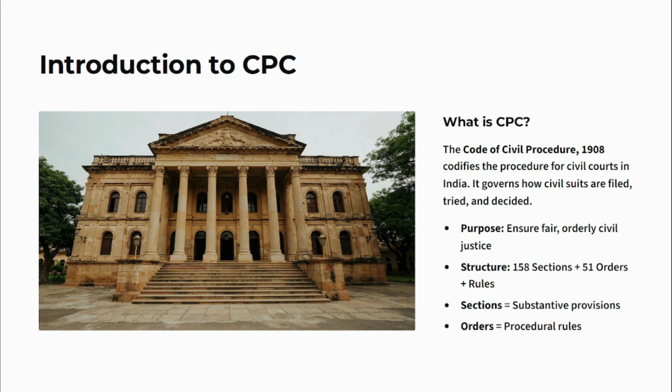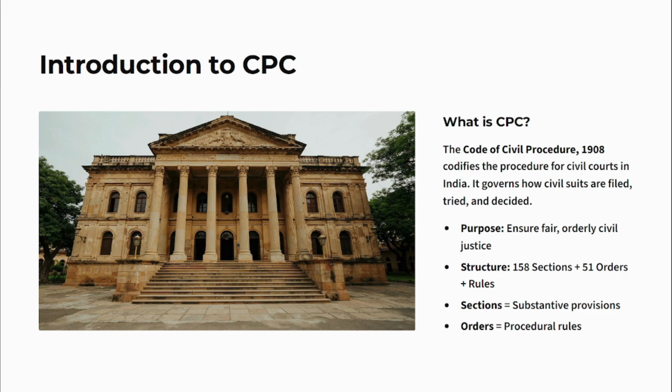So why do we need the CPC? Because every court in the country follows the same fair process. It has 158 sections. These are the main rules and don't change often.